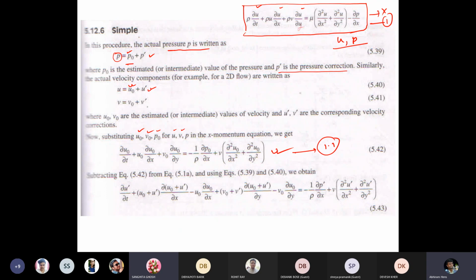Now what we will do is subtract equation 1 from equation 1.1, that means 1.1 minus 1. So what will happen is it will create u minus u0 terms, and that will give you this equation.